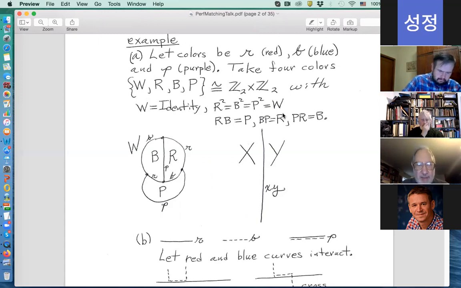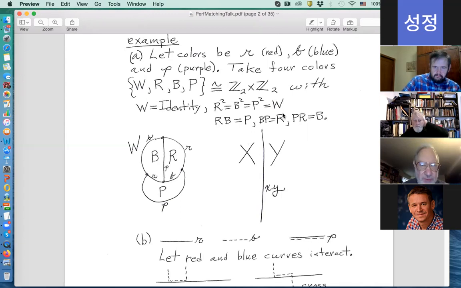And I think of that set of colors as having the structure of the Klein four-group, so-called, Z2 direct sum Z2. In other words, the square of each one of those colors is equal to the identity, and W, white, is the identity. And the product of any 2 of them is the third, and it's a commutative group.